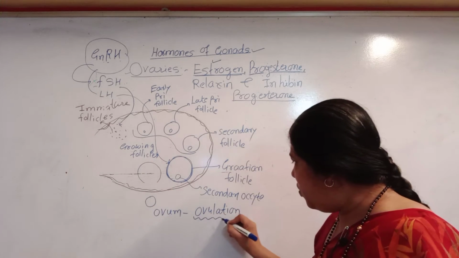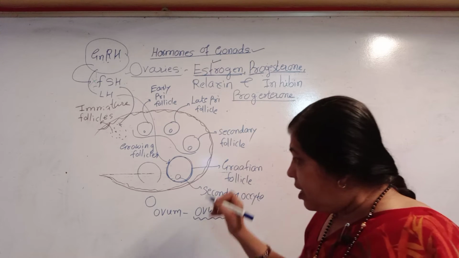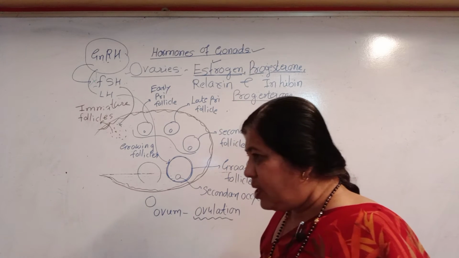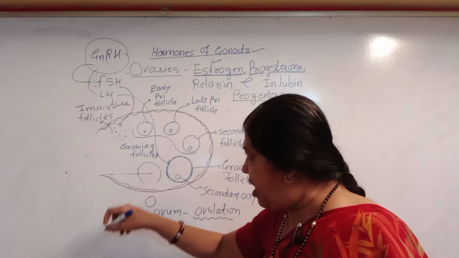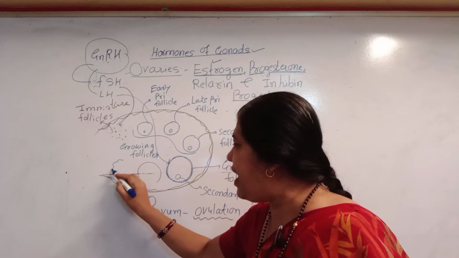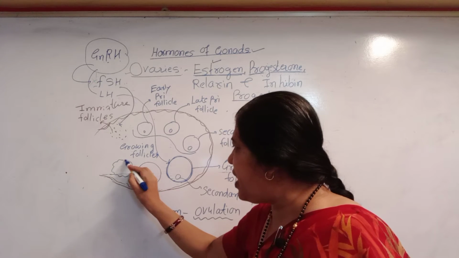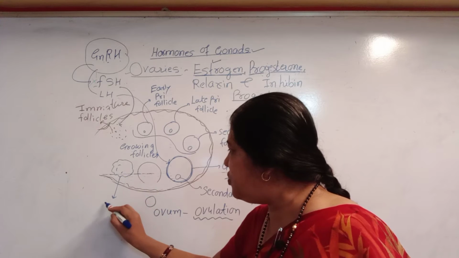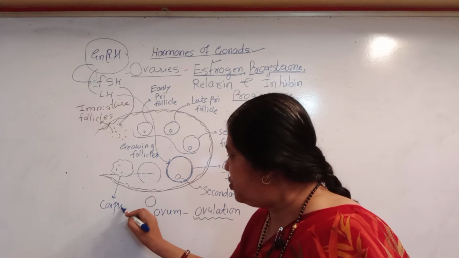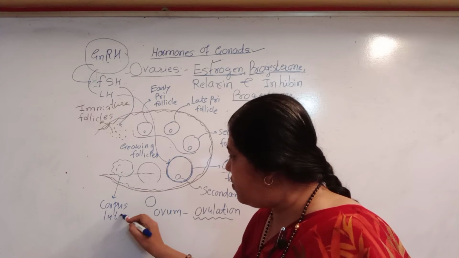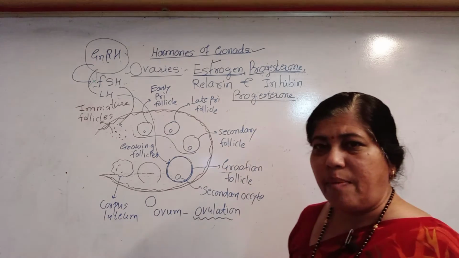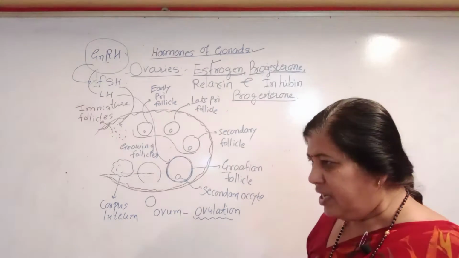This is called ovulation. LH hormone also converts this empty Graafian follicle into an endocrine structure, and that endocrine structure is called corpus luteum. Any difficulty?